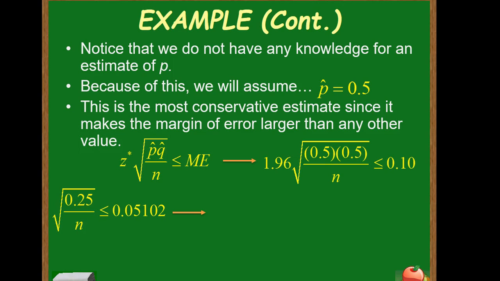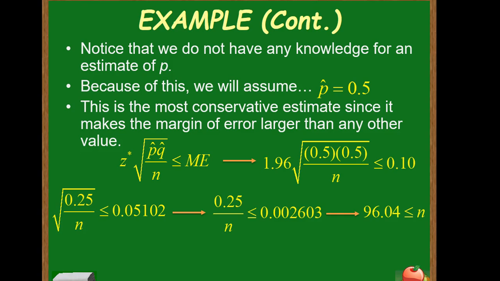Carrying it further, we're going to get rid of that radical by squaring both sides, so we get 0.25 over n is less than or equal to 0.002603. And then we would multiply n over and divide back, and our answer is going to be that 96.04 is less than or equal to n. In other words, n has to be greater than or equal to 96.04.